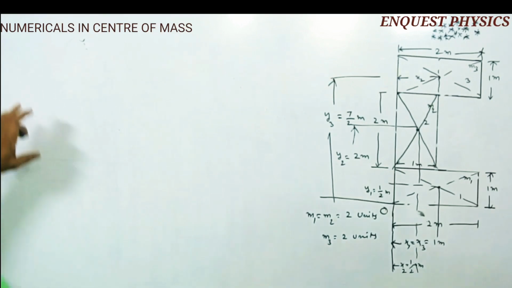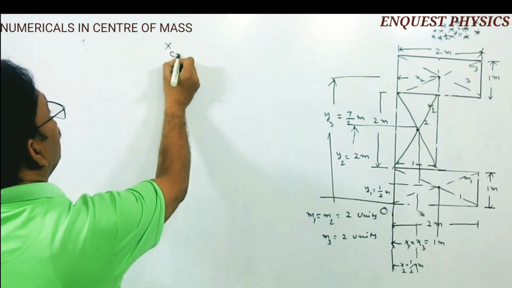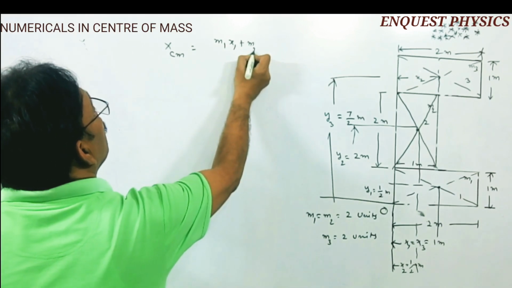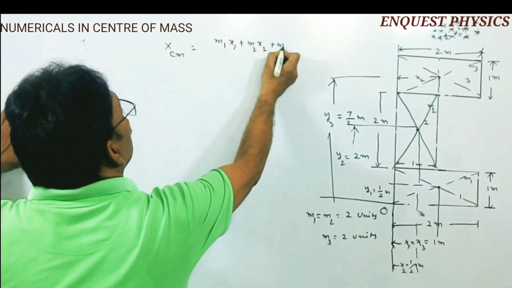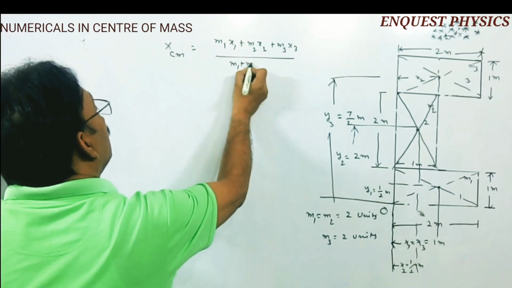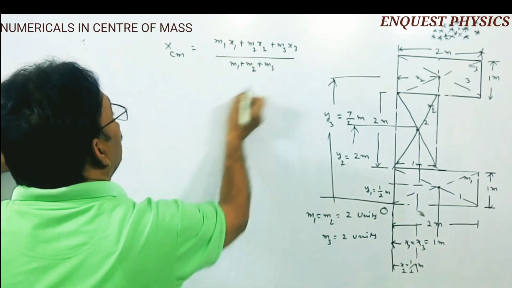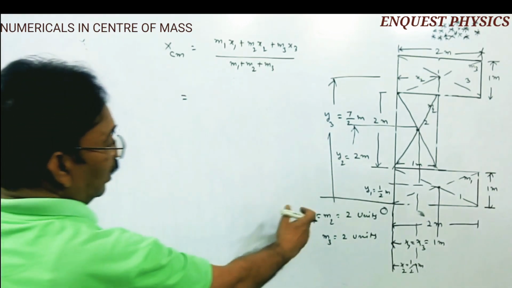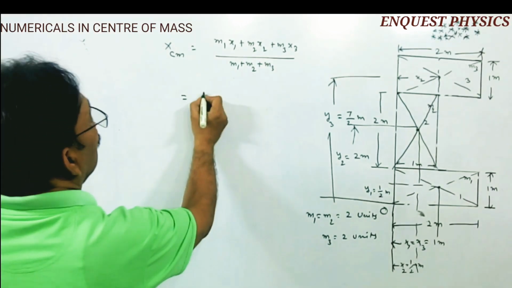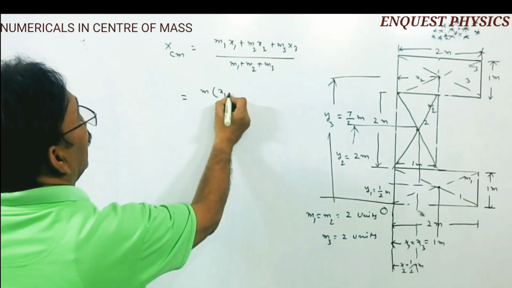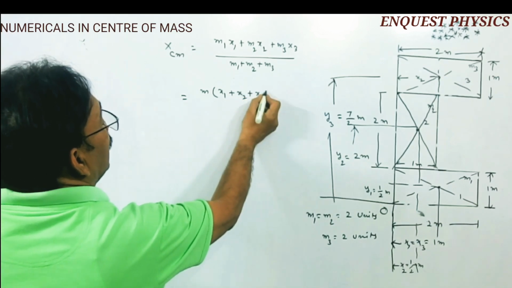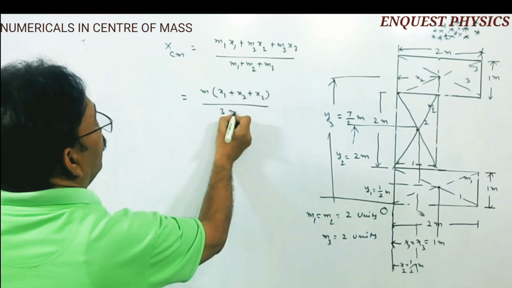Just substituting the values, what you get? xcm is equal to m1 x1 plus m2 x2 plus m3 x3 by m1 plus m2 plus m3. Put the values m1, m2. All have the same masses. That is m of x1 plus x2 plus x3 by 3m.